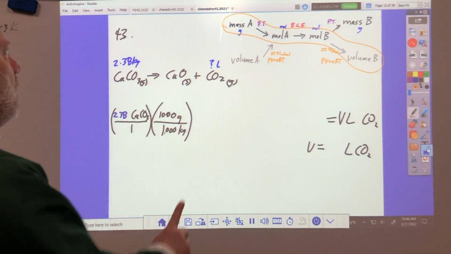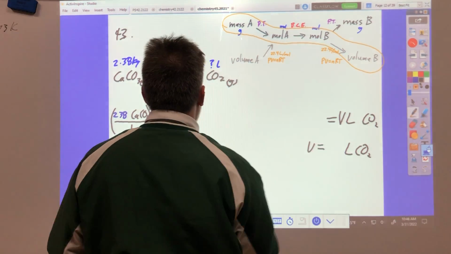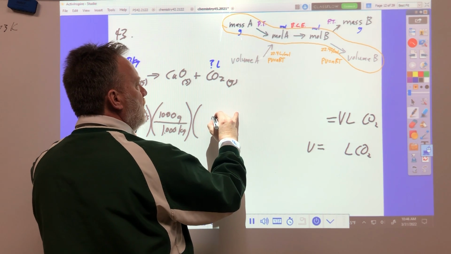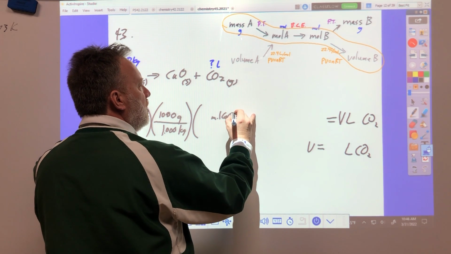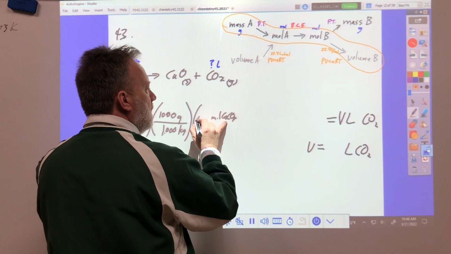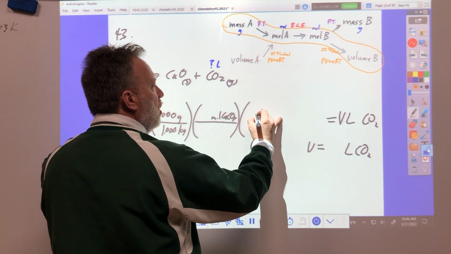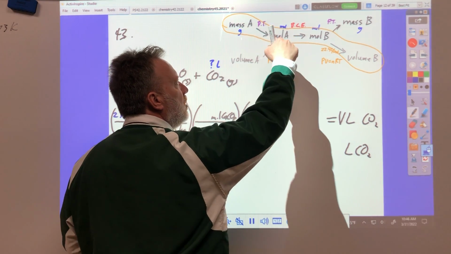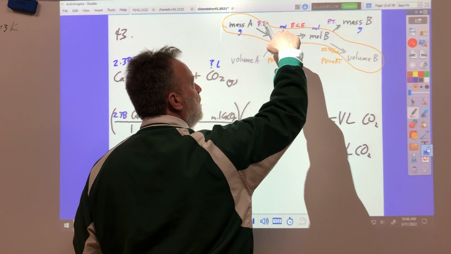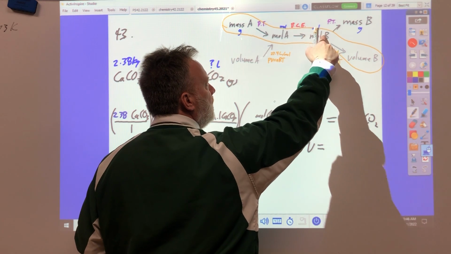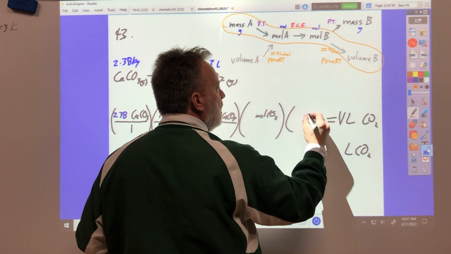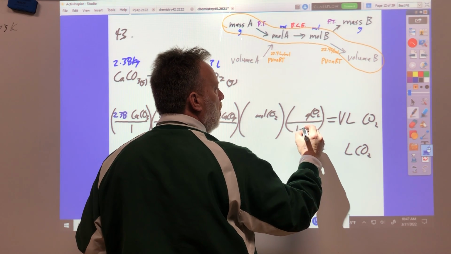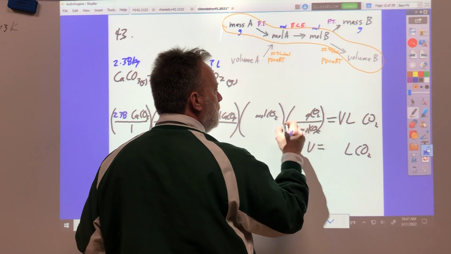But we're going mass to moles to volume. So next we want to go to moles CaCO3, it's playing the role of A, to moles CO2, and then grams CO2. Mass CaCO3, kilograms, and then grams, to moles CaCO3, moles CO2, and then volume CO2, over 1 mole CO2.